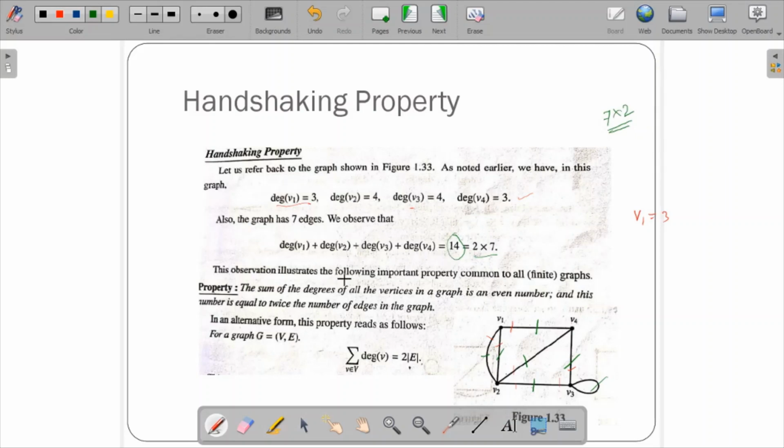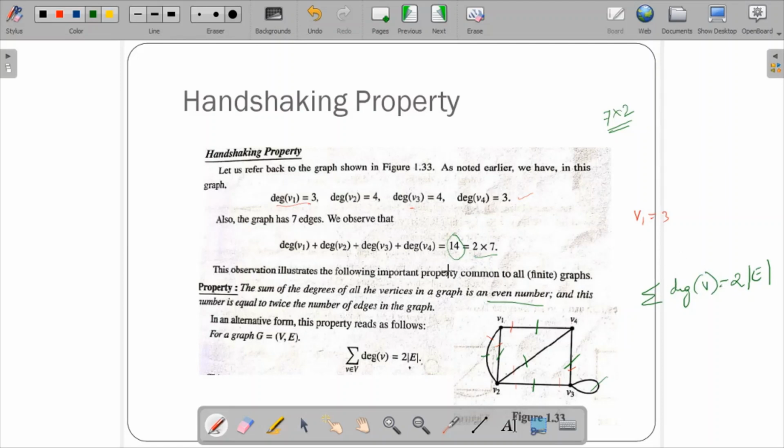This observation illustrates the following important property common to all finite graphs: the sum of the degrees of all the vertices in a graph is an even number, and this number is equal to twice the number of edges in the graph. So the formula is, summation of all the degrees is equal to twice the number of edges. This is the handshaking property.